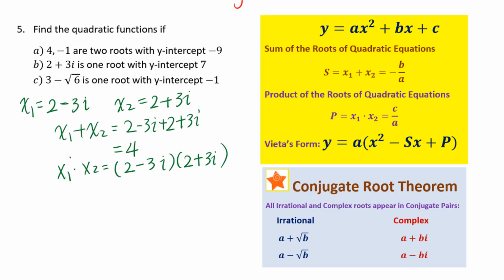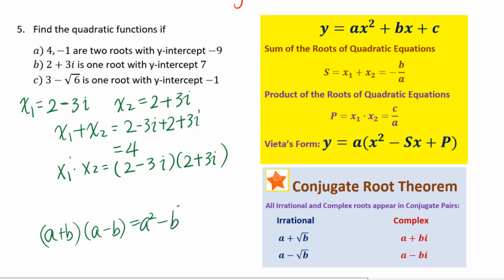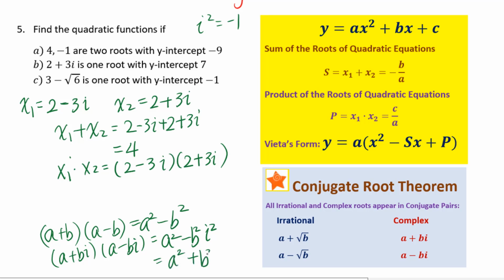For conjugate multiplication, we know (a plus b) times (a minus b) equals a squared minus b squared. But (a plus bi) times (a minus bi) equals a squared minus b squared i squared. We know i squared equals -1. So we have a squared plus b squared.